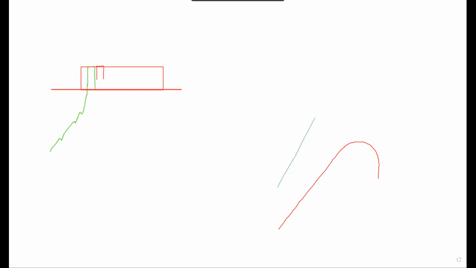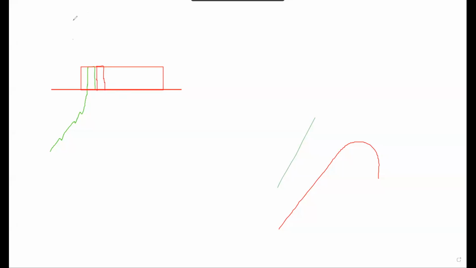So the reason for me putting my sell stop there is as soon as my candle comes, since it's an engulfing, I know that there's no means it's going to go up again. So as soon as it hits this point, it's breaking structure in a lower time frame. So let's say this is M15.